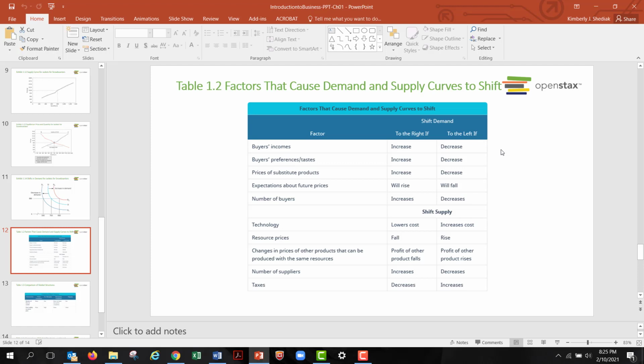Expectations about future prices, number of buyers, technology, resource prices, changes in prices of other products that can be produced with the same resources, number of suppliers, and taxes. And you can see how each of these factors affects the demand. Will it shift to the right or to the left? And then supply. Will it shift to the right or to the left?